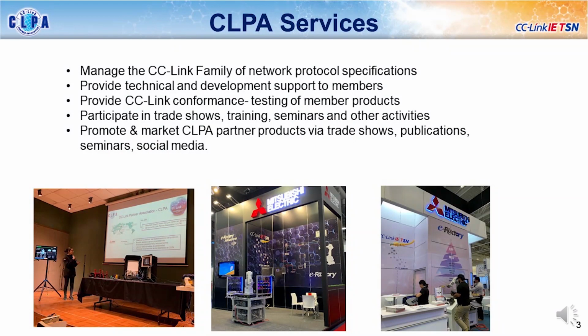The main activities that CLPA develops are to manage the CC-Link family of network protocol specifications, provide technical and development support to members, provide CC-Link conformance testing of members' products, participate in trade shows, trainings, seminars, and other activities, and promote CLPA partner products in trade shows, publications, seminars, and social media.